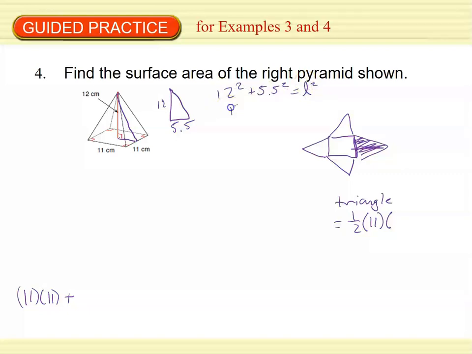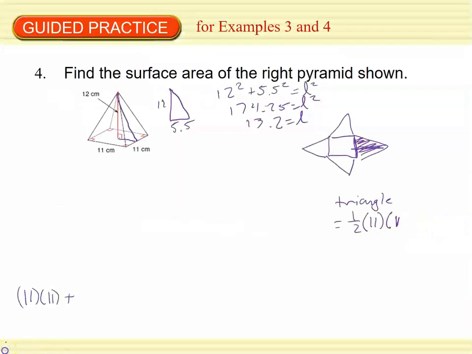You get 174.25 equals your L squared. So then when you square root that to find your L, you get about 13.2. So that's your lateral height here.